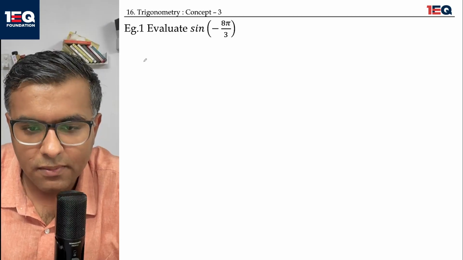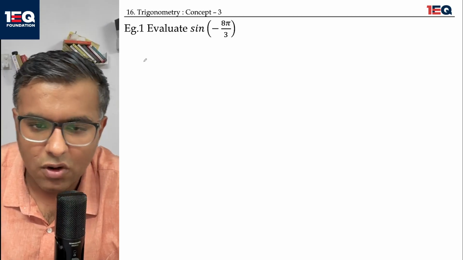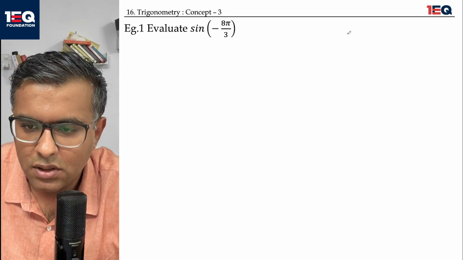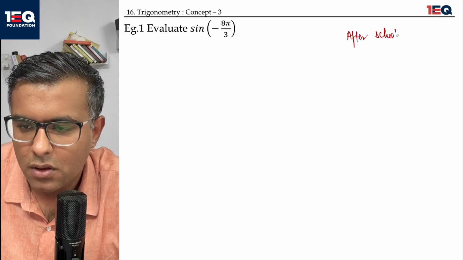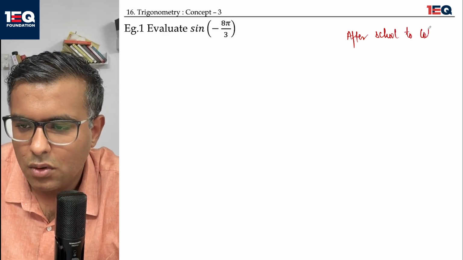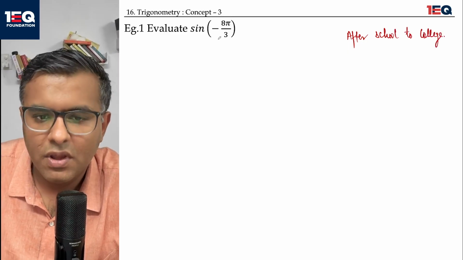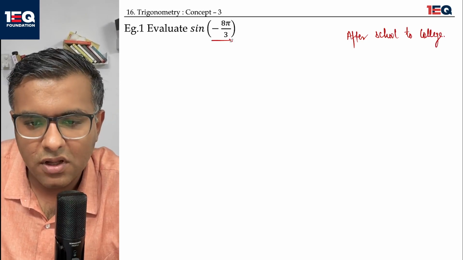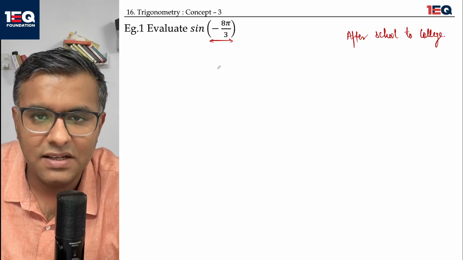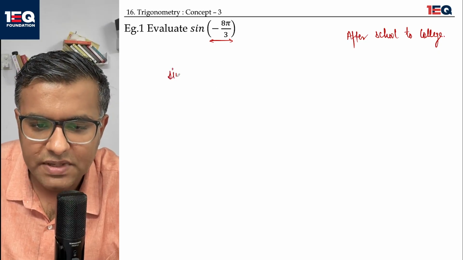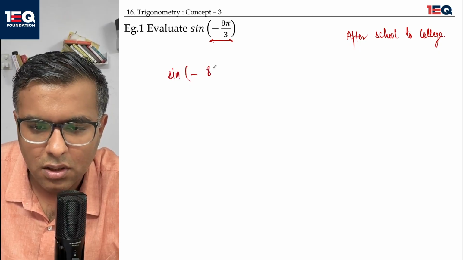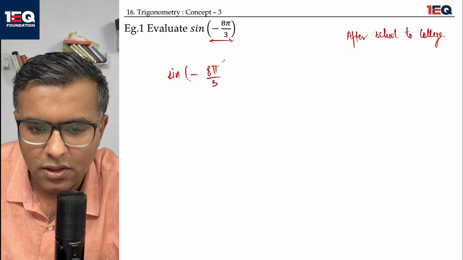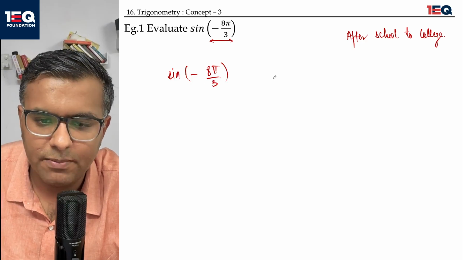Now, talking about trigonometric functions, I have already talked about ASTC, after school to college. From here, I'll try to find out in which quadrant this angle is lying. I'm saying sin(−8π/3).